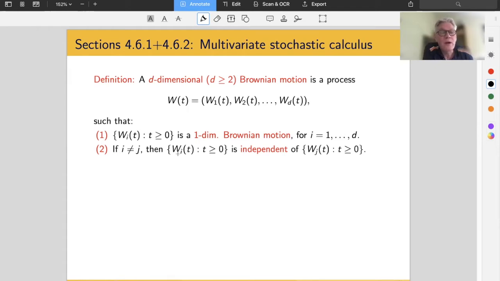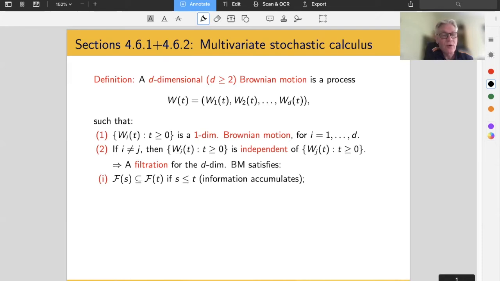Well, another part of the setting is the filtration. Of course, we need a filtration for the d-dimensional Brownian motion, and that filtration satisfies the following properties. First of all, it is denoted again by script F. F_s is contained in F_t when time s is less or equal to time t.